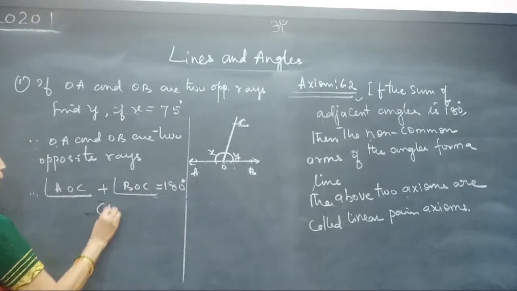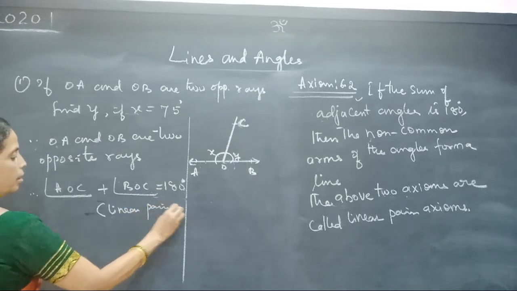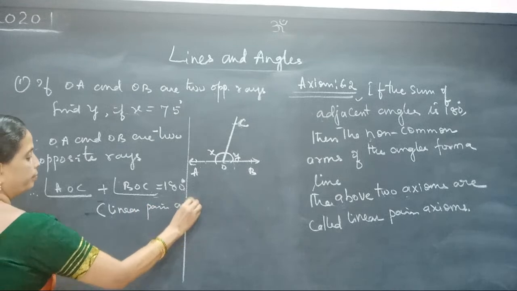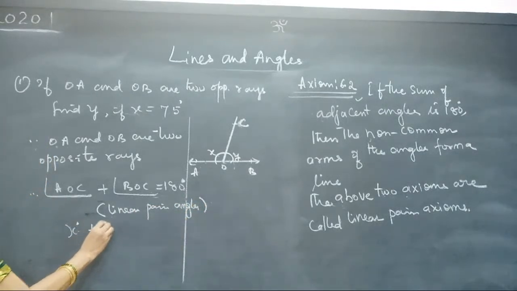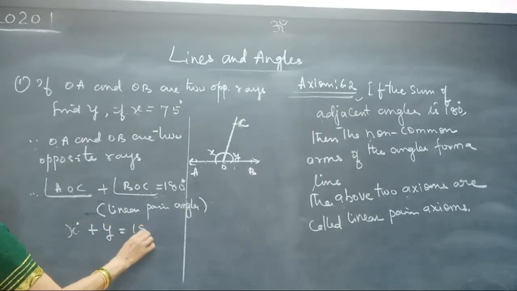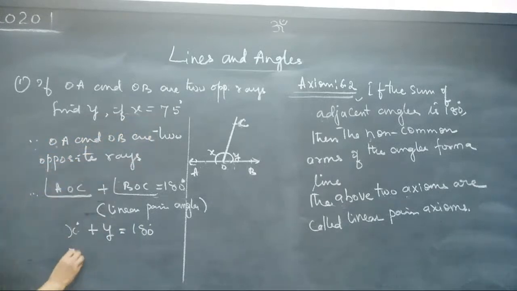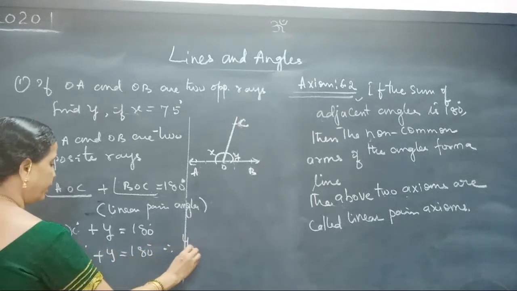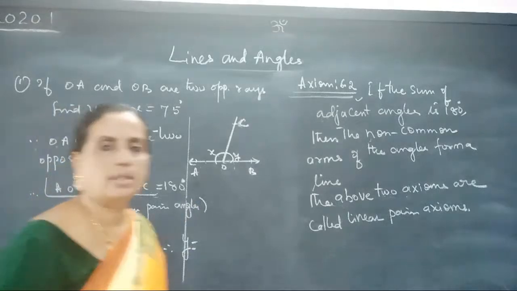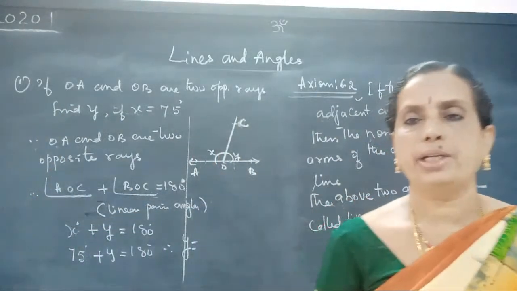In the bracket you write linear pair angles. Now AOC is x degree, BOC is y equals 180 degree. Where y you have to find out, x is 75 degree plus y equals 180 degree. Therefore y equals, get the answer as 105 degree. Is it clear?